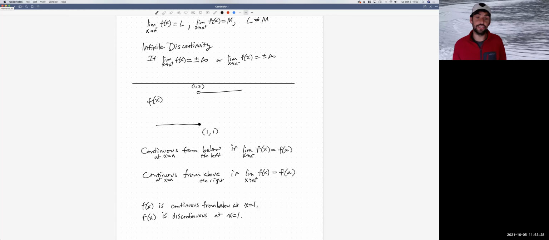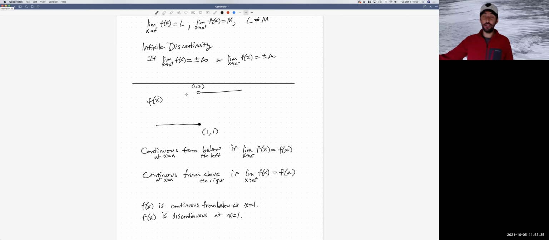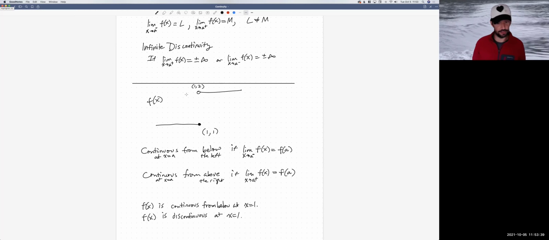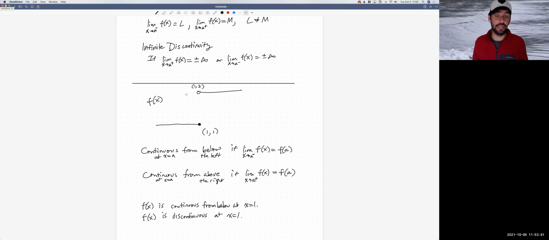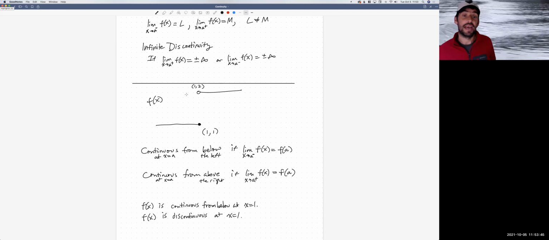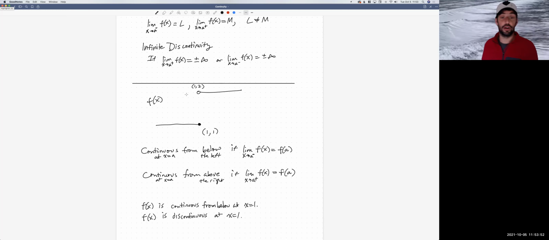So I just want to make this distinction. It's continuous from below at 1. It's discontinuous from above, which also means it's discontinuous overall, because if it's discontinuous in either direction, it's discontinuous overall, right? So if we only care about from below here, we can say that it's continuous from below at x equals 1. It's discontinuous when we come from the other side, so it's discontinuous overall, okay?